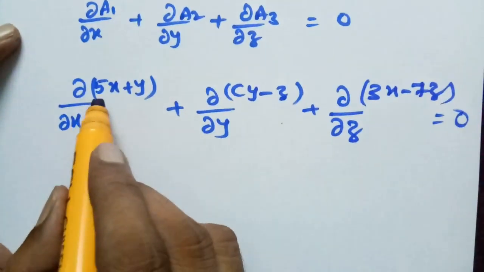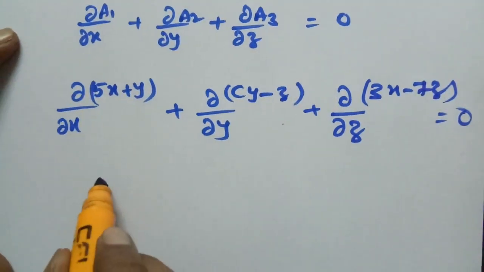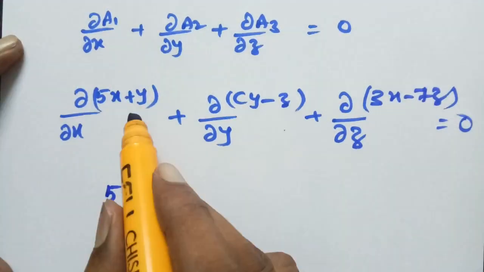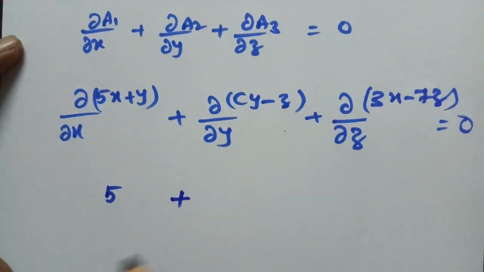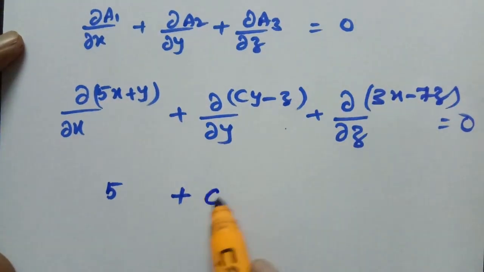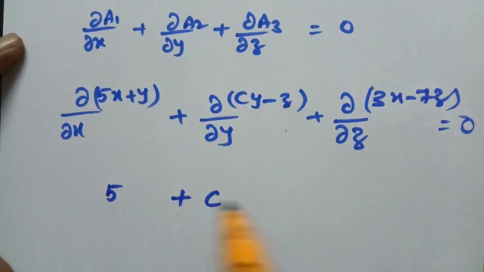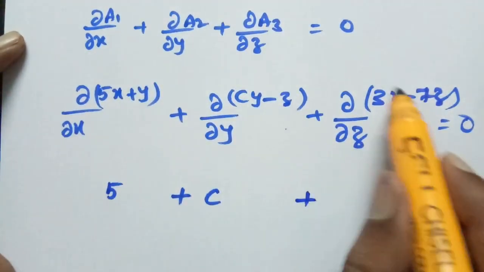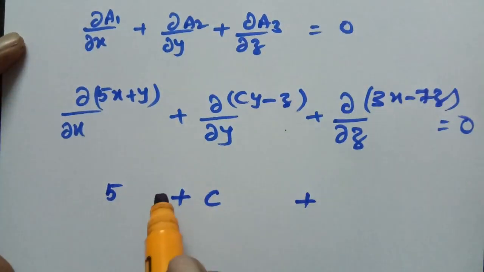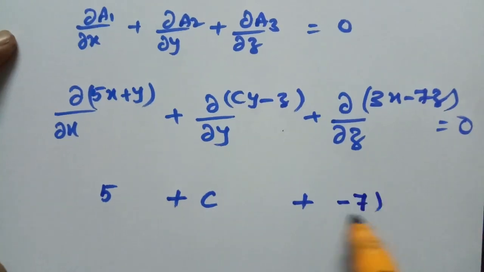Now partially differentiating 5x plus y with respect to x. So 5 is a constant and its x derivative is 1, and the derivative of y is 0, plus derivative of cy minus z with respect to y. C is a constant, y derivative is 1, z derivative is 0, plus 3x is a constant minus 7 into z. Therefore this is equal to minus 7.